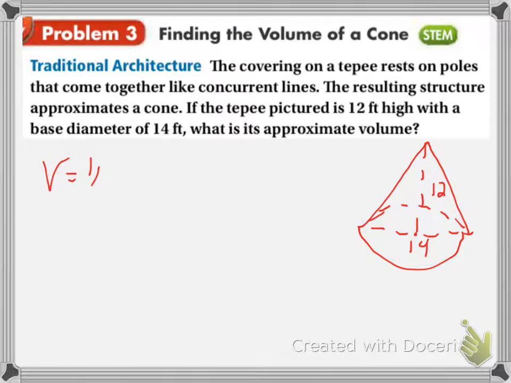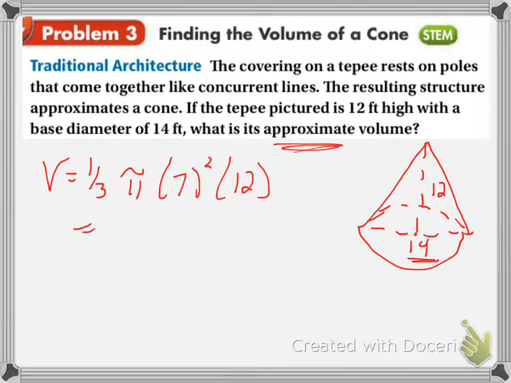So volume equals 1/3. Well, the base is a circle, so it's going to be pi r squared. Our diameter is 14, giving us a radius of 7 squared times our height, which is 12. Okay, and they want the approximate volume, so go ahead and hit the pi button in your calculator. Now I always have a tendency of just doing the numbers first.